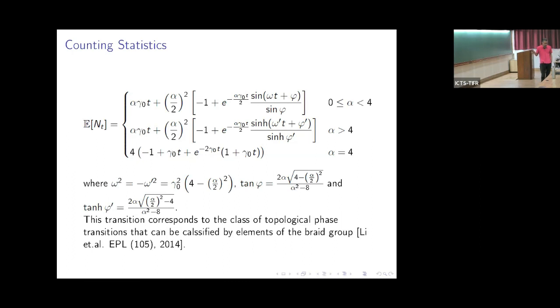And we once again notice that for alpha is equal to 4, there are transition points. We have already noticed there is a transition at alpha is equal to 2. We are noticing a transition at alpha is equal to 4. But there was another transition at 4 by root 3, which seems to be getting missed here.